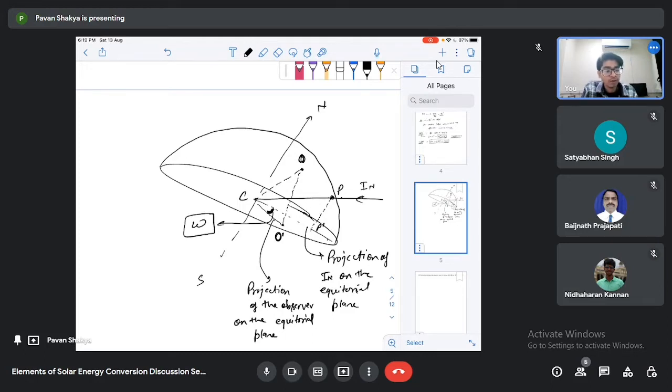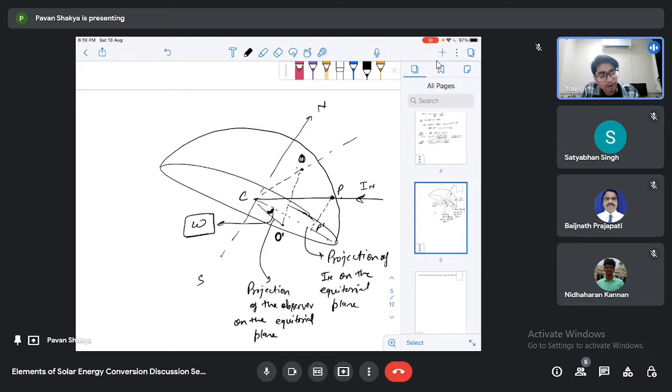Also, from the figure we can say that with time, this projection of the sun ray, that is IN, will change. That is why the hour angle omega will change. And at solar noon, this sun ray will be perpendicular.